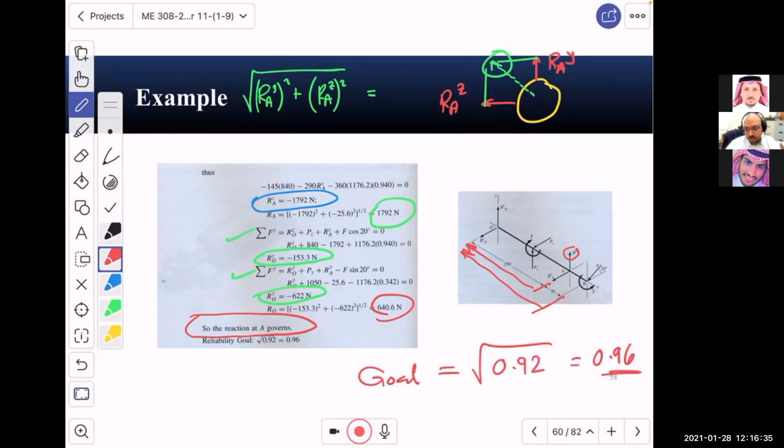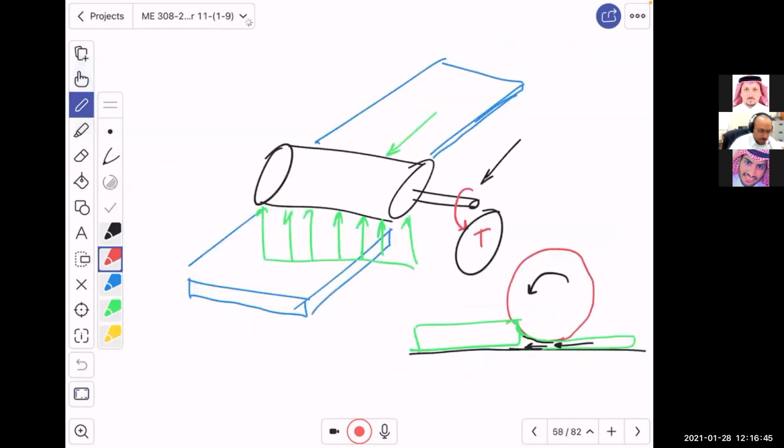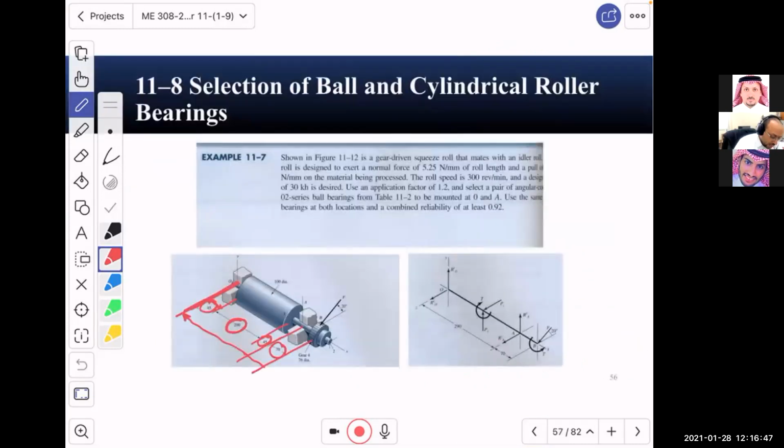Now look, ya shabab, what we have here is a bearing. I just try to pull the equation. If you go back to the question, we have a bearing with a rated FD. We have been told to use AF, which is 1.2.